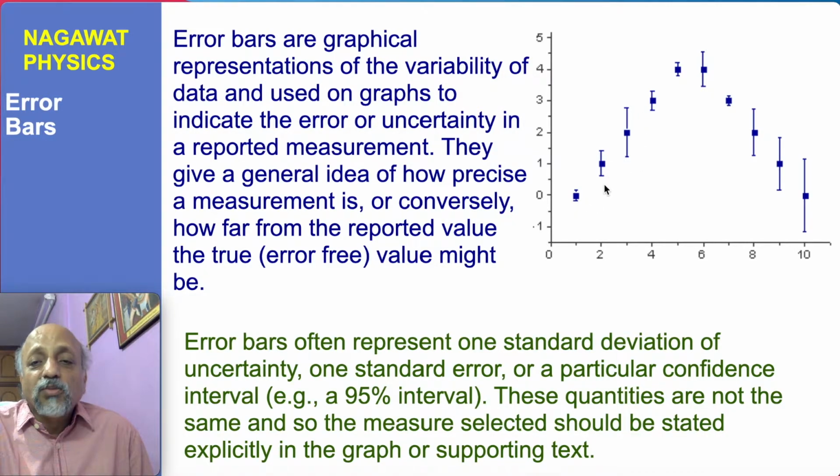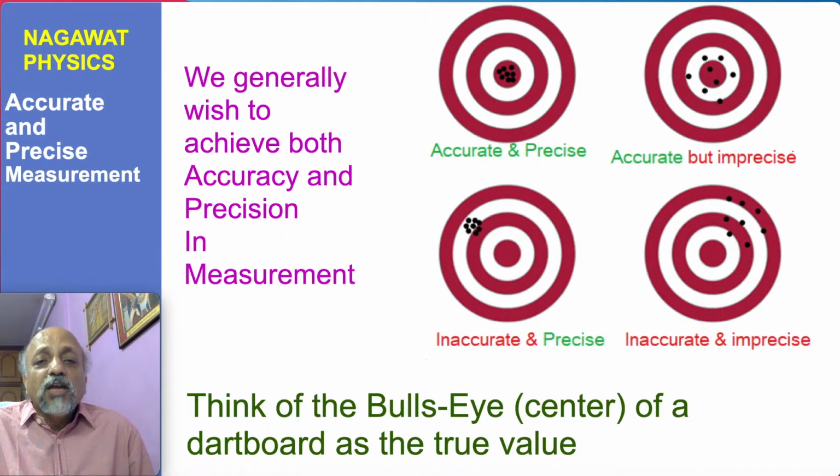Here the error bars are small, in this case error bars are large, and they are drawn on the basis of generally one standard error or one standard deviation, and there are parameters like confidence level defined in statistics which are used to describe the error on the graphs by using error bars. I will not describe the statistics in detail here, but definitely would give you an impression about how we define certain quantities like standard deviation in the statistical manner.